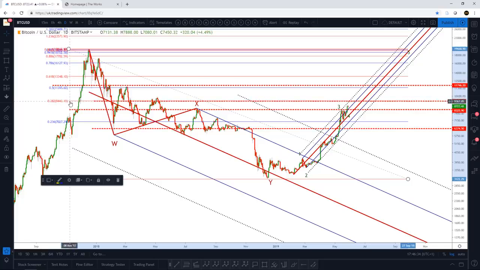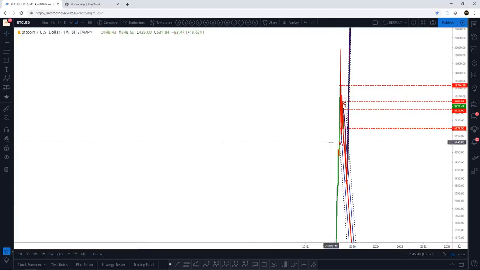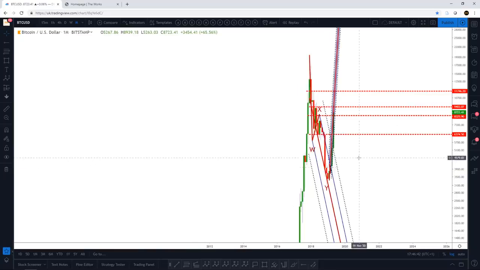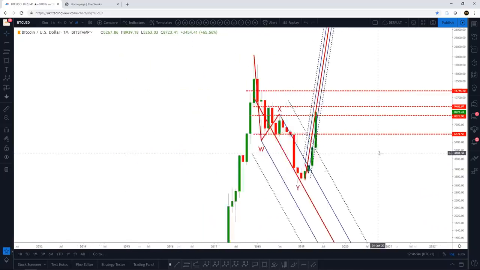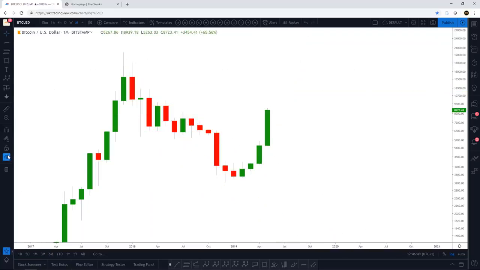On top of that, it's also a significant horizontal level. If we go in on the monthly chart, let's clean up the chart a bit.